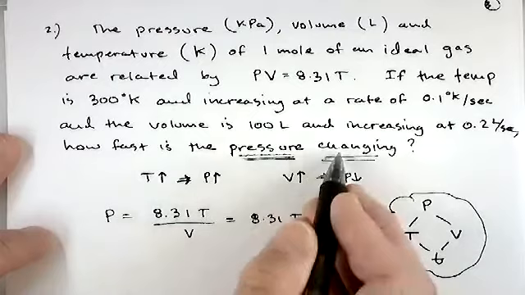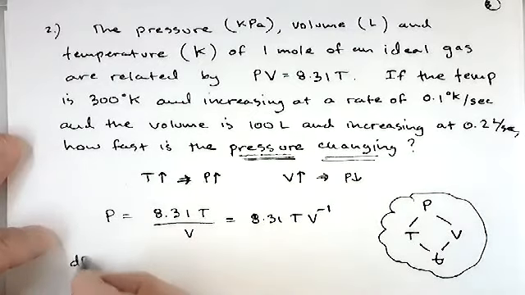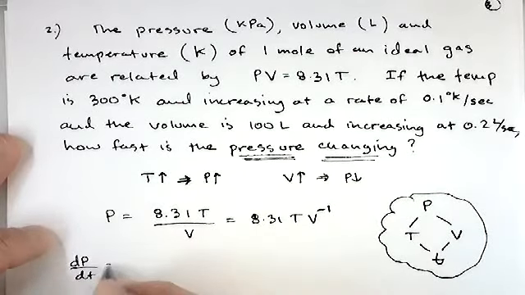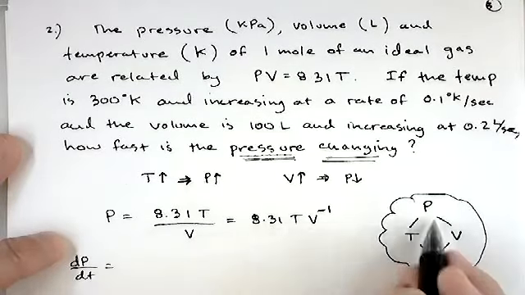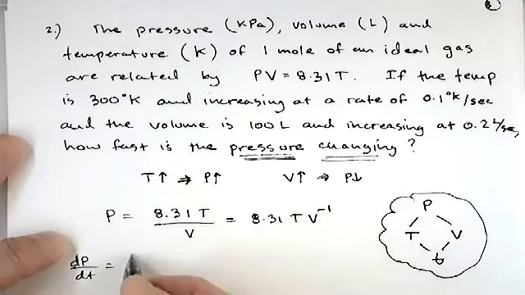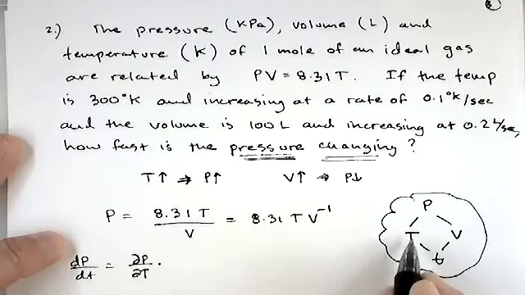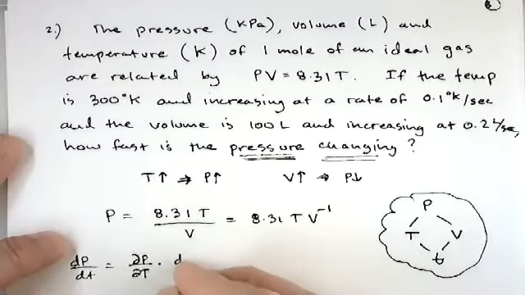So if I want to find how fast the pressure is changing, dP/dt, I've got a map that will tell me how to get there: I'm going to take the partial derivative of the pressure with respect to temperature, and multiply that by the change in temperature over time.